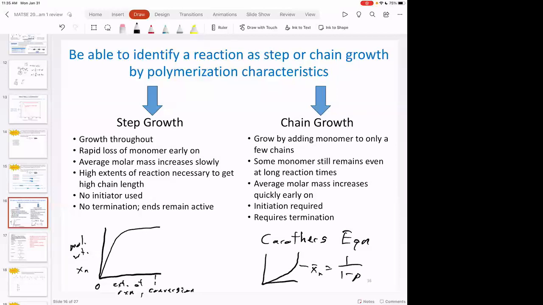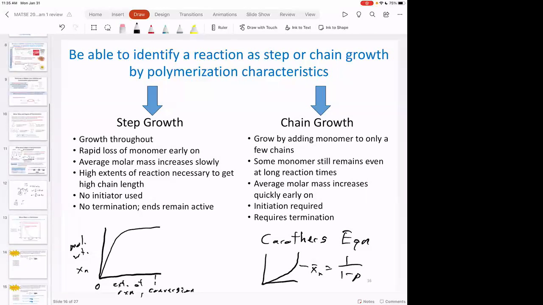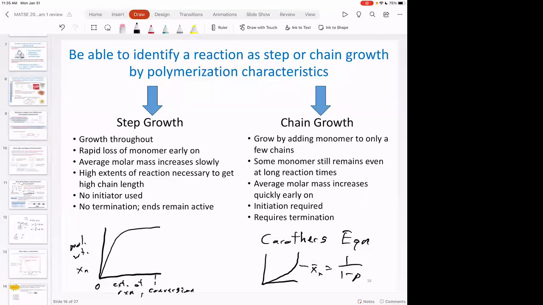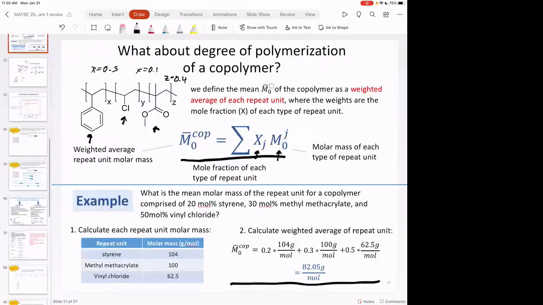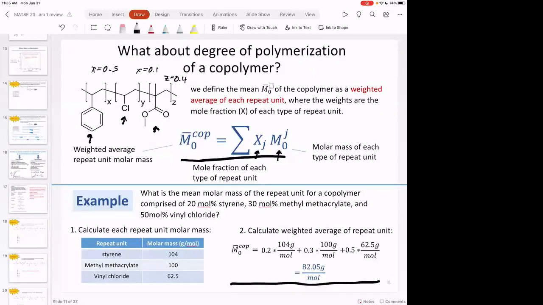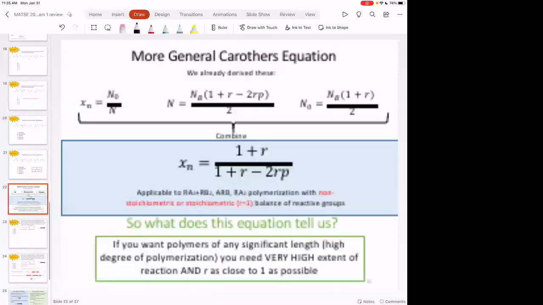Yes? Two things. First of all, for the xn equation, I thought we had another equation, like the 1 minus r, n or something like that, over 1 minus. Oh yeah, that's the extended Carruthers equation. So remember that, let me find my Carruthers equation.